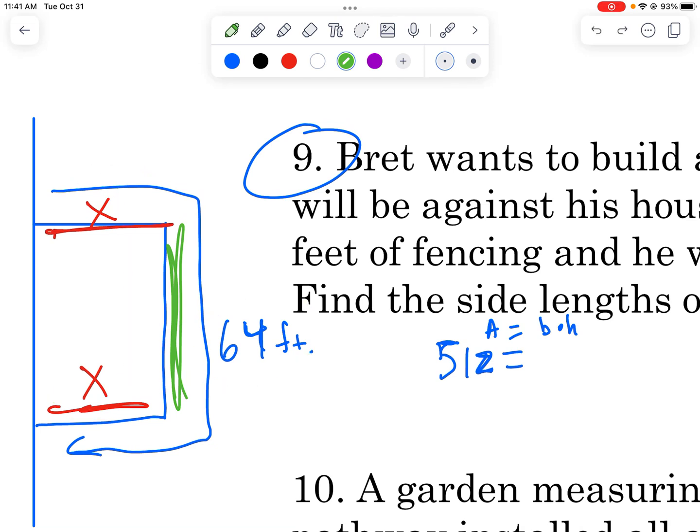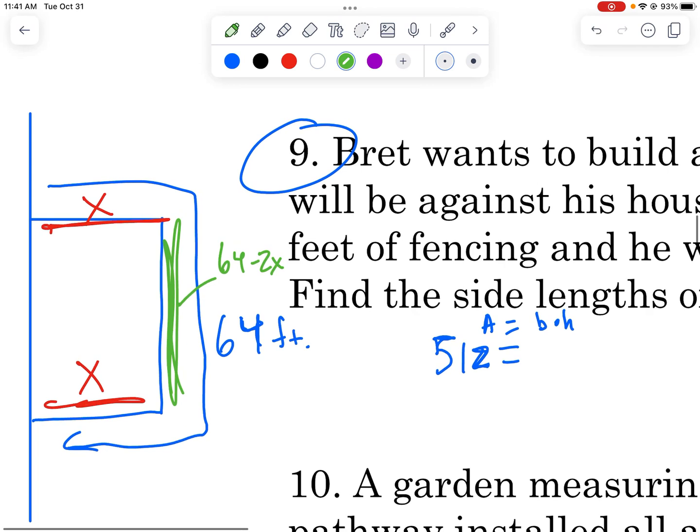So this part is going to be 64 minus X and minus X. You minus X twice, or you just minus 2X. Okay? So we got our base, which we're just going to call X. And then we got our height here, which is 64 minus 2X.